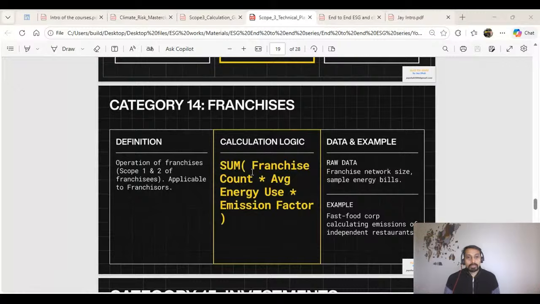So those are also going to be calculated under category 14. The franchisee count, average energy use, and emissions factors for the franchisees are multiplied together, and you get category 14. Usually this is based on representative samples, how representative the particular franchisee is, or how many franchisees you gave in the particular financial year.